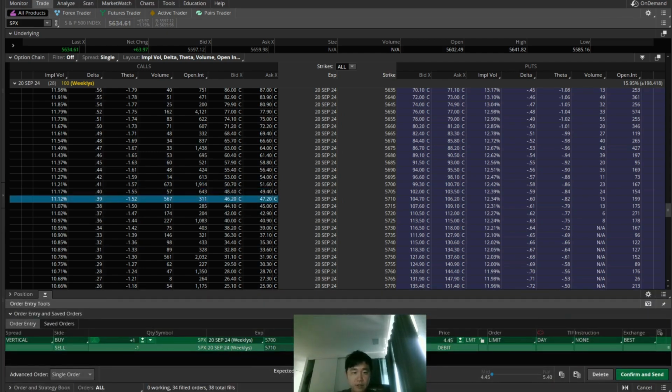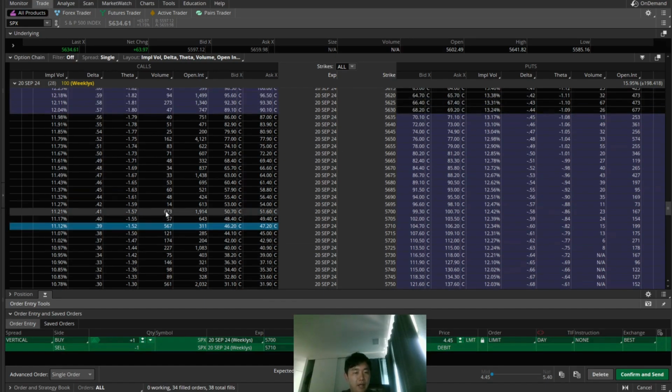So here you see that at around $65 out of the money, a $10 call vertical spread is at $4.45. Now you see that the skew is not really in our favor because we're buying something that is 11.2 vol and you're selling it at 11.12 vol.